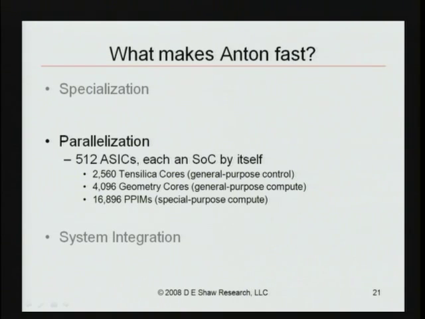So across the whole system, we've got 16,000 PPIMs, 4,000 geometry cores, 2,000 Tensilica cores, all in 512 ASICs. So it's a pretty highly parallel system.